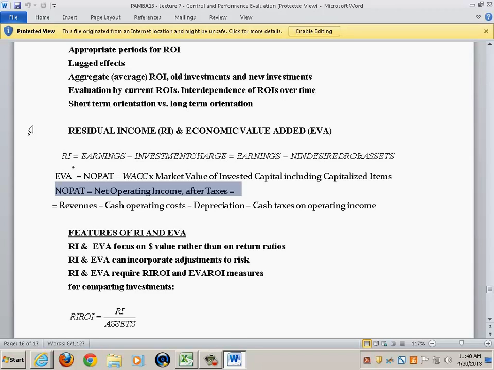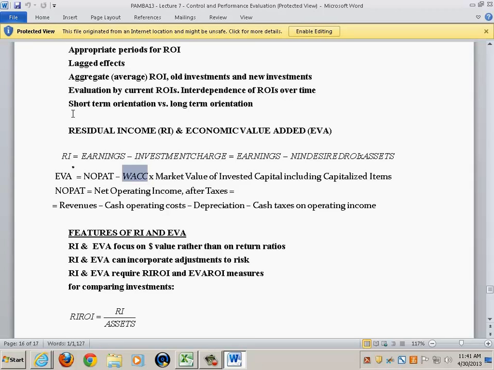And you subtract from NOPAT a charge for minimally required return, which in the economic value added format, instead of minimally required rate of return, they usually use WACC, the weighted average cost of capital, which is the same animal that you know from corporate finance, being the weighted cost of debt and equity.